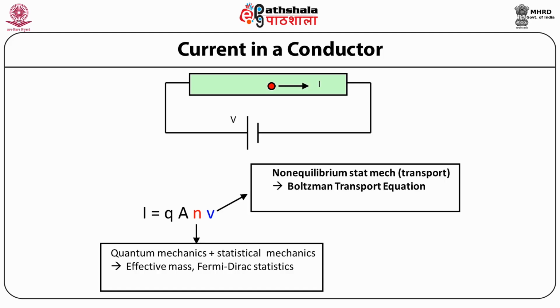The next length scale comes from the fact that in a mesoscopic system, the electron is considered to behave as a wave that depends on the energy and has a characteristic wavelength associated with it.